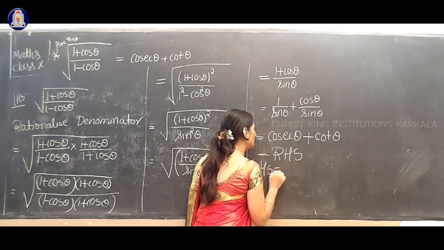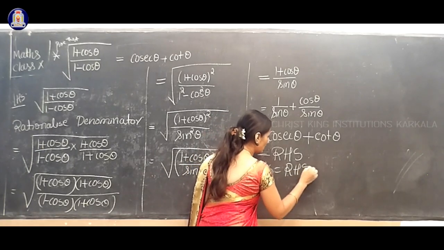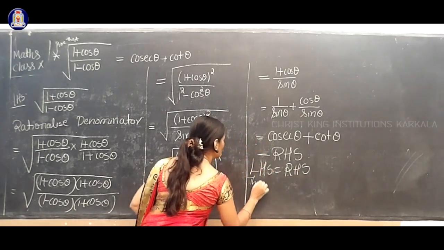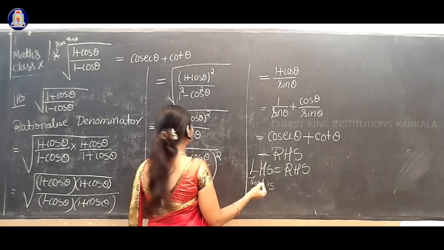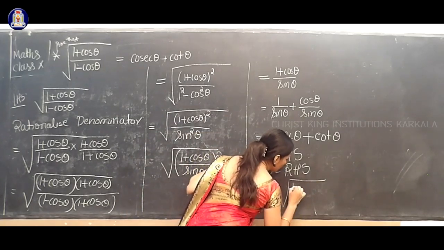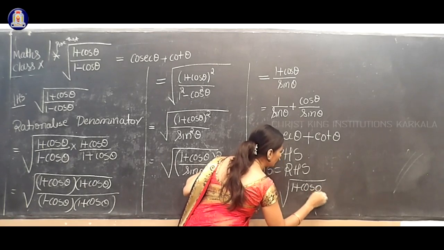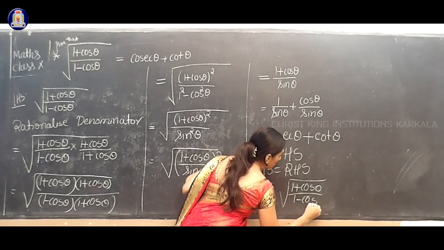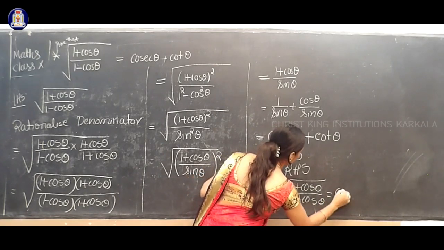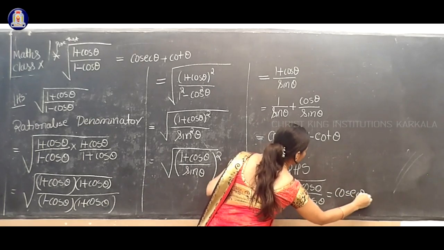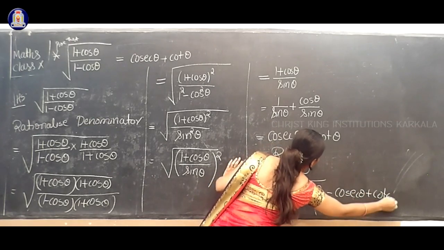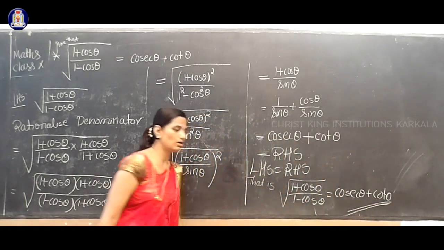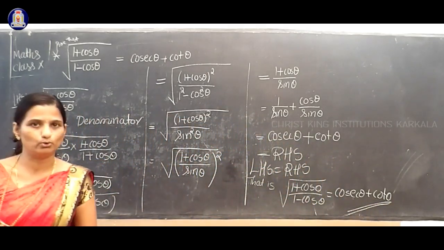Therefore LHS side is equal to RHS side, that is cosecant theta plus cot theta, and hence it is proved.